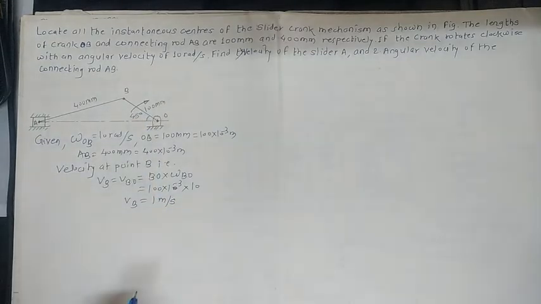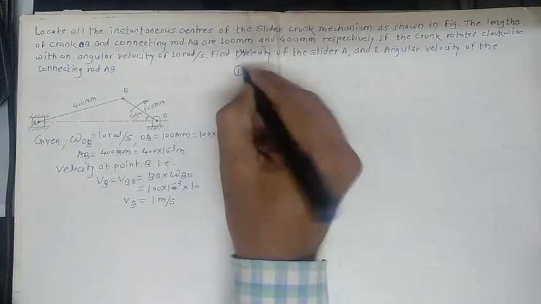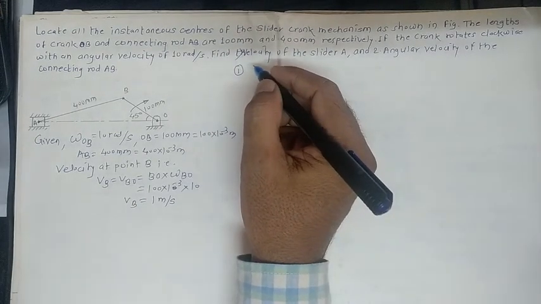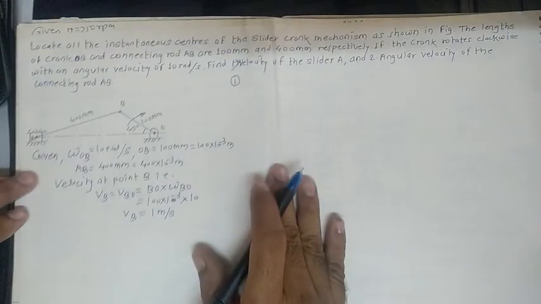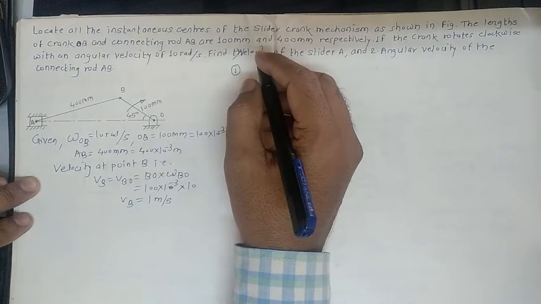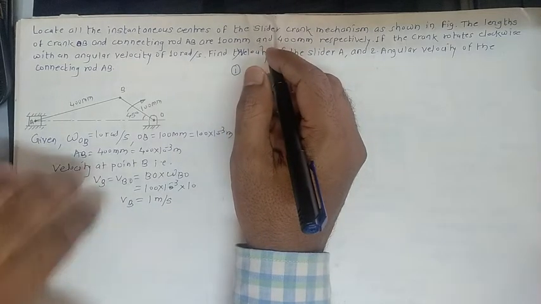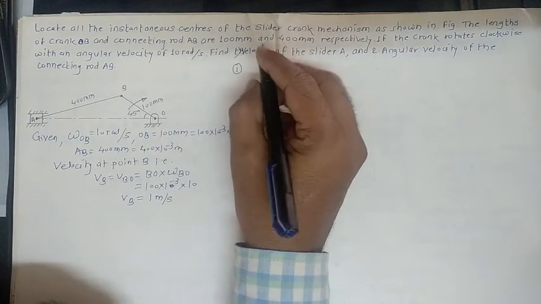Now move towards the steps. So what is the first step? You have to calculate the number of instantaneous centers. First of all, we have to do the calculation for the number of instantaneous centers.